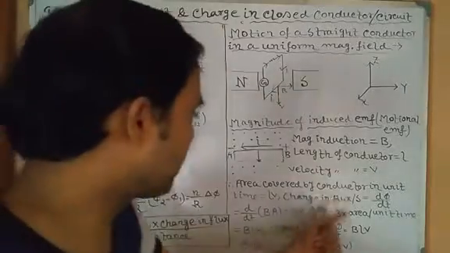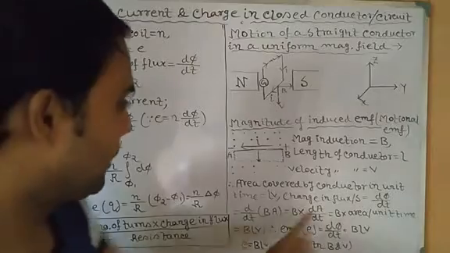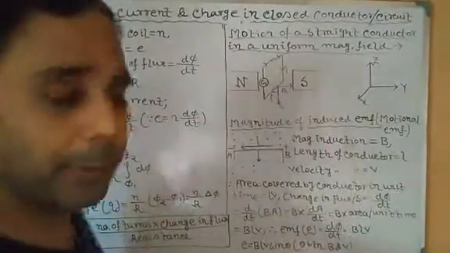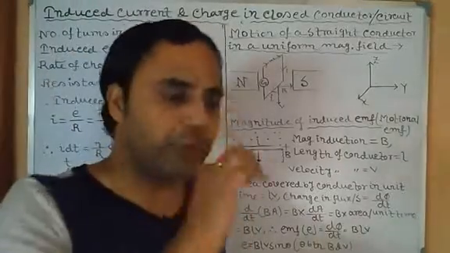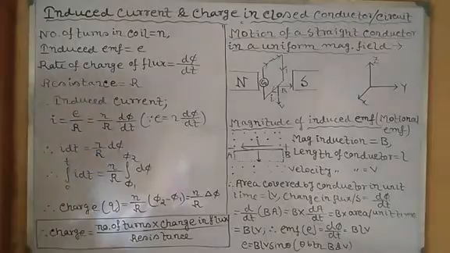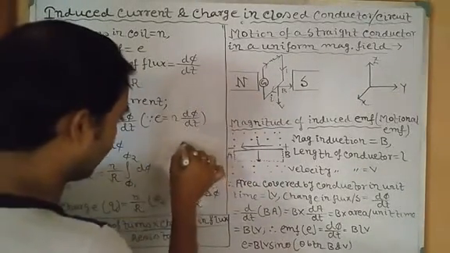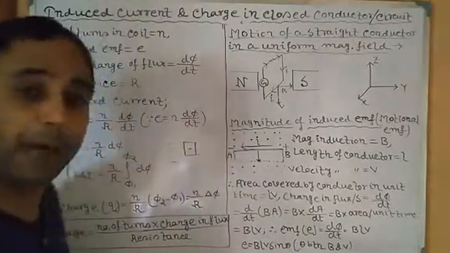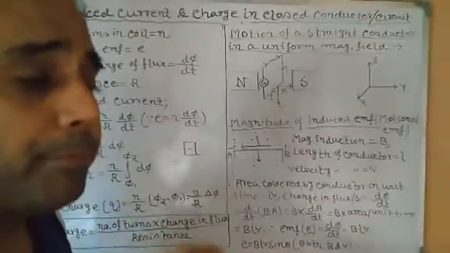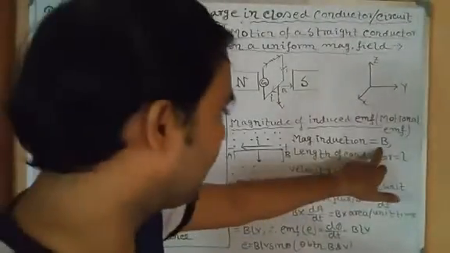Very easy. Change in flux is equal to dφ/dt. So flux is equal to BA. Why? Because as I have told, in a magnetic field, if at any point we assume a unit area perpendicular to the magnetic field, then the number of magnetic field lines crossing per unit area is called magnetic induction.